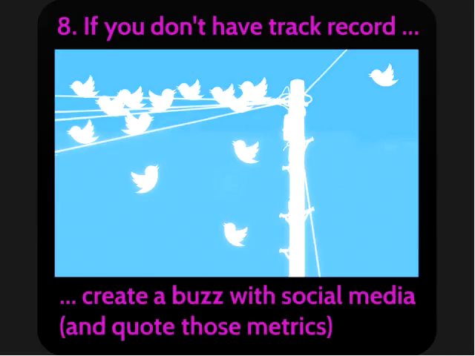Now look, this is a really tricky one if you don't have track record. So you've got a couple of options here. You can pull on people who do have track record, but you know what? Those people are really, really busy, and those people are often really, really expensive. So by the time you're pulling someone with track record onto a project, you're talking about a professor or an associate professor, and those people are expensive in your project.